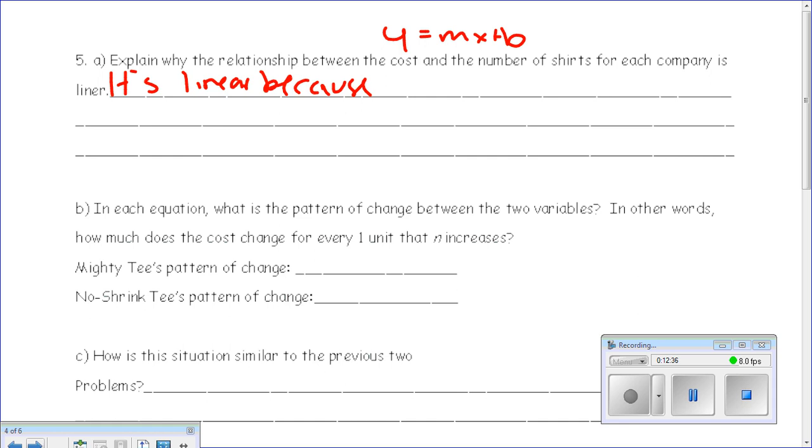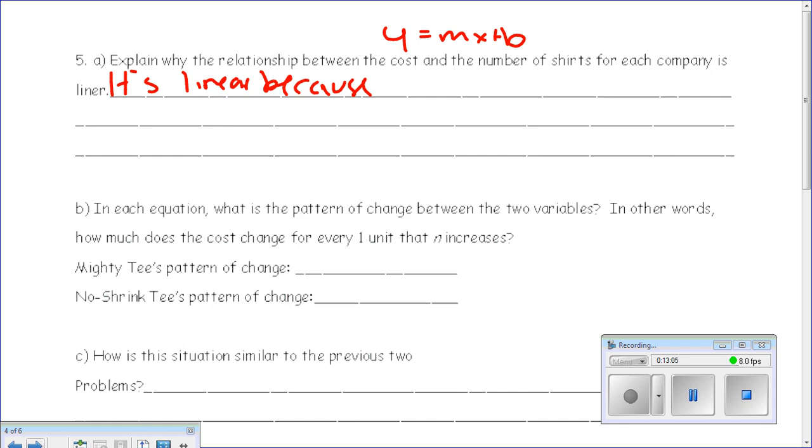So we know that this is linear because Mighty T's equation is basically y equals x plus 49. Right? x, or n in this case, plus 49. Well, our other one is 4.5n. That's like saying mx. That's my 4.5x, and it happens to have no b.